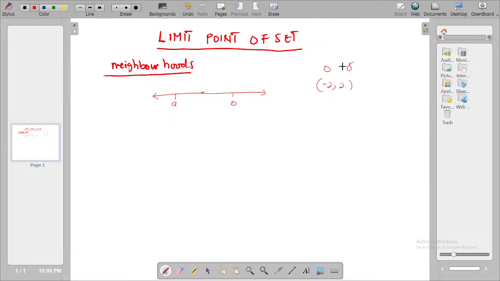Now let's see what a limit point of a set is talking about. If you have an interval, an interval has endpoints. Within the endpoints is a dense, infinite number of terms. So within A and B, you can never list all the numbers. But when you talk about a set with discrete elements, let's say 1, 2, 3, 4, 5, we realize that from 1 to 2 there is nothing in between.